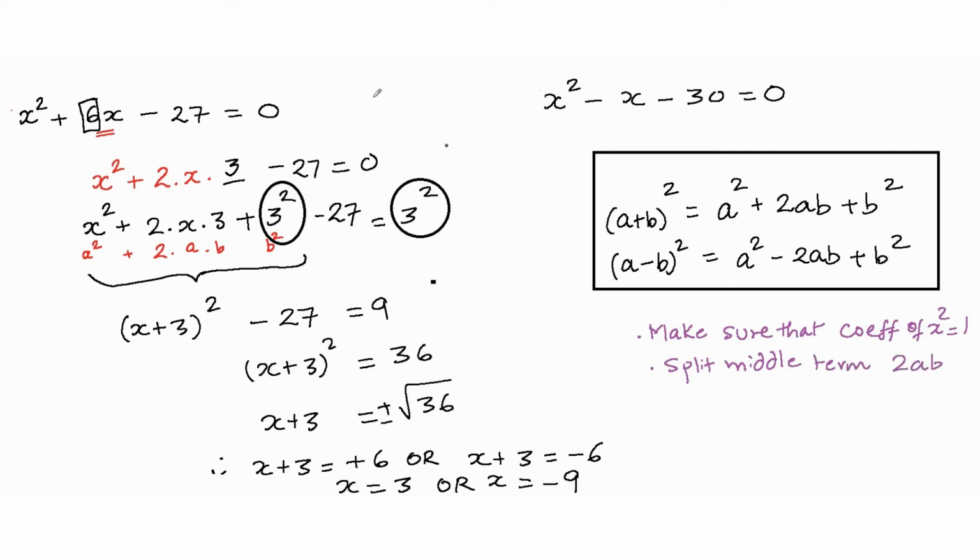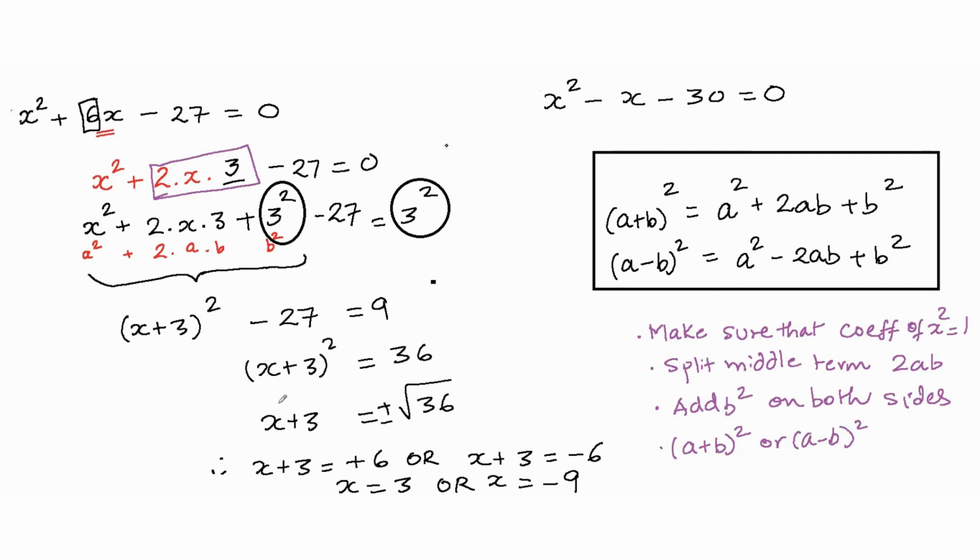If you notice, I split this middle term as 2ab, right? And then I found out my b, and then I add the b square on both sides, and then I get either a plus b the whole square or a minus b the whole square. And then solving the quadratic equation is quite simple.